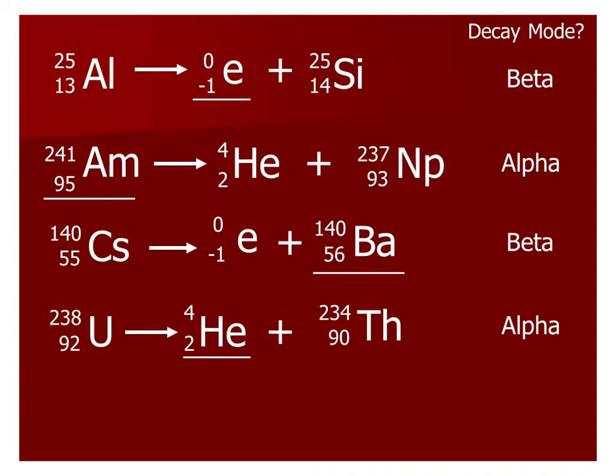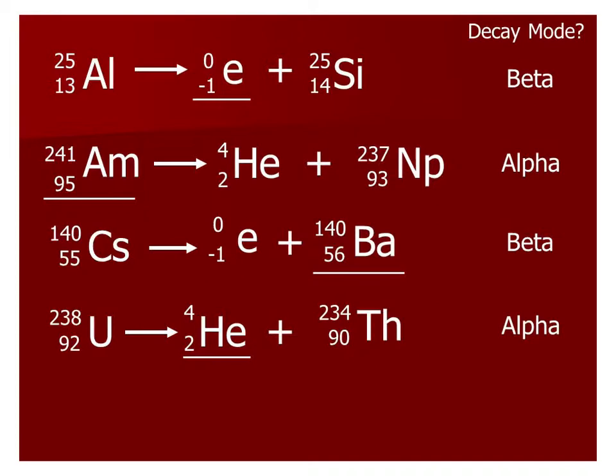We have a species here, aluminum 25. Remember, we're always going to say it's aluminum 25 because if I say it's aluminum, we already know by definition that it has to have the 13 protons, but I need to tell you if it's an isotope or not. So normally this is aluminum 27.